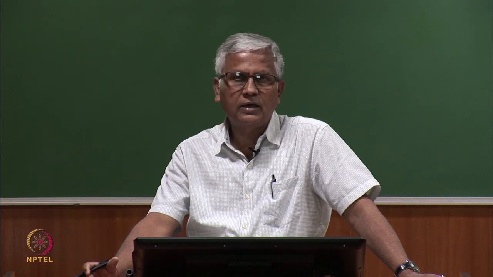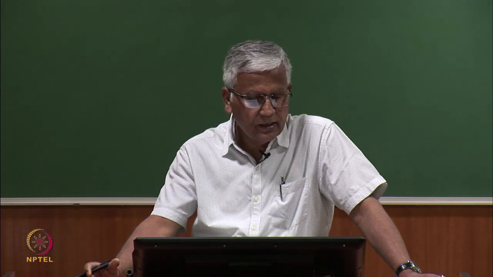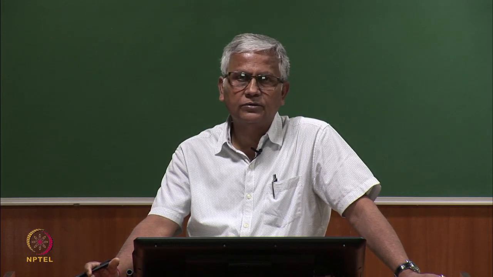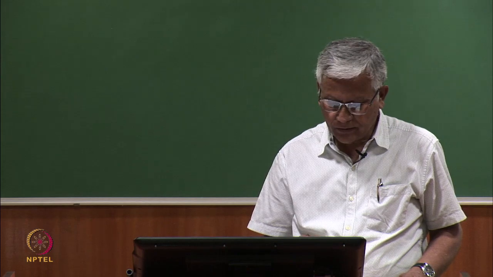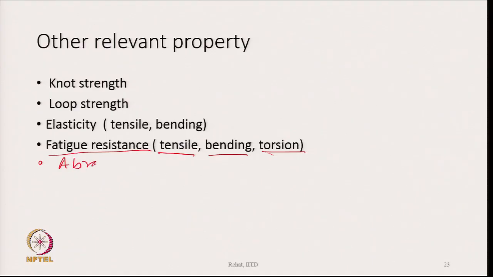Another important property which I have not mentioned here could be abrasion resistance. That also could be another relevant property. In some cases loop strength could be important, especially for sewing threads.